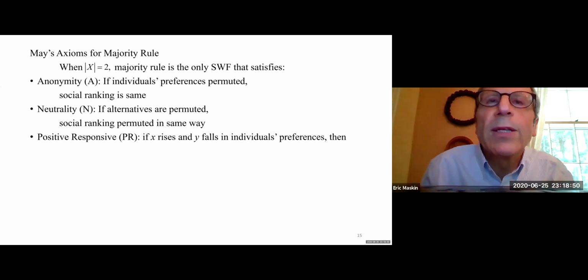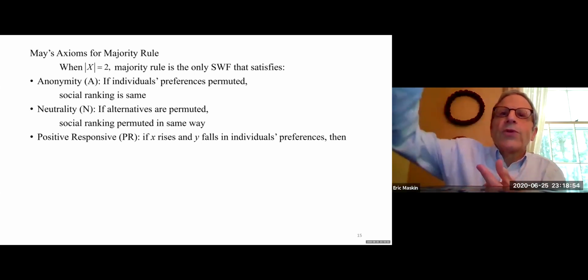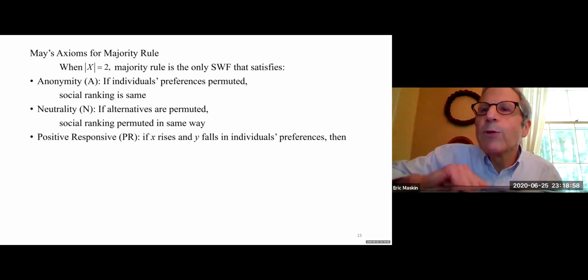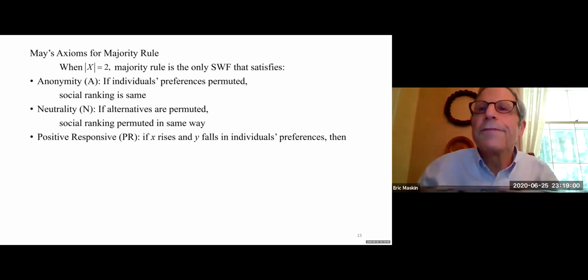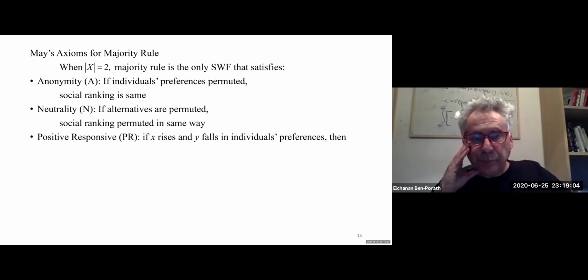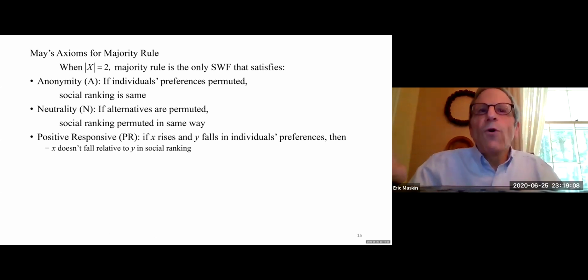Positive responsiveness says that if X rises and Y falls in individuals' preferences, and we hold all of the other alternatives constant, then X does not fall relative to Y in the social ranking.